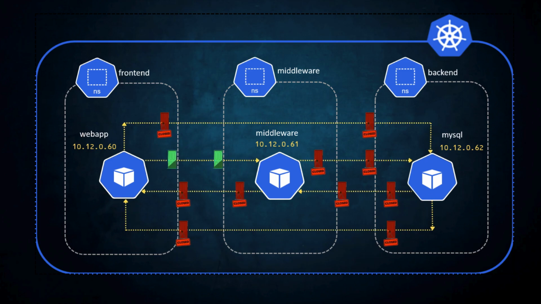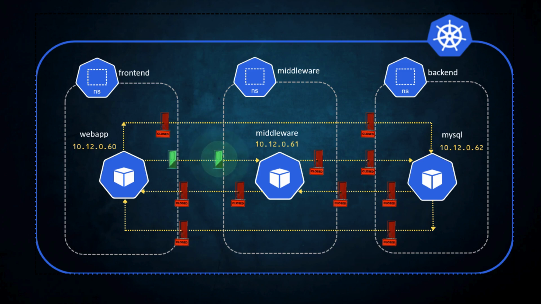Let me bring up the visual representation that helps with the reasoning for why it behaved that way. When web app initiates a request to the middleware, two specific doors must be unlocked. That's what we have proved and is working fine.